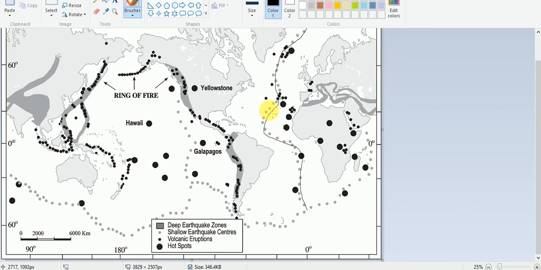These dots represent shallow earthquake centers, and these black dots represent volcanic eruptions, volcanoes. The bigger ones are the hotspots, the very active volcanic areas.